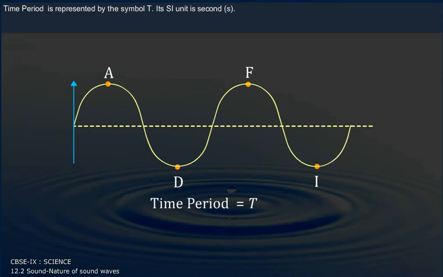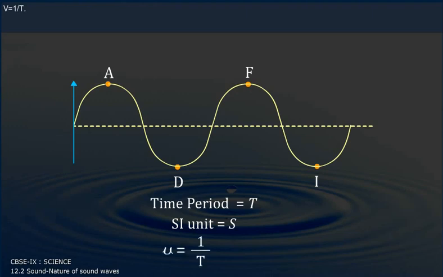Time period is represented by the symbol T. Its SI unit is second. Frequency and time period are related as follows: mu is equal to 1 upon T.